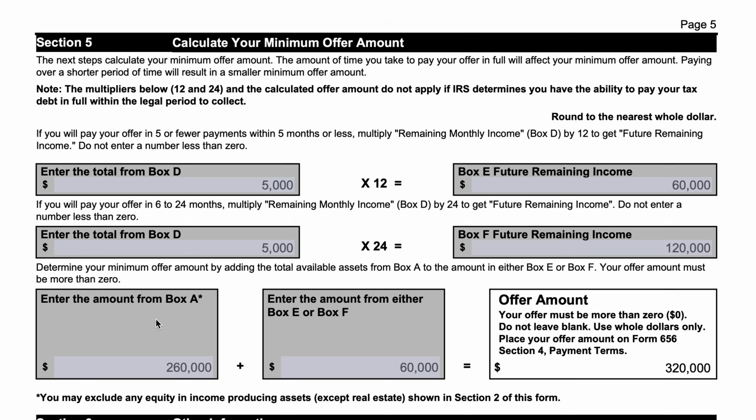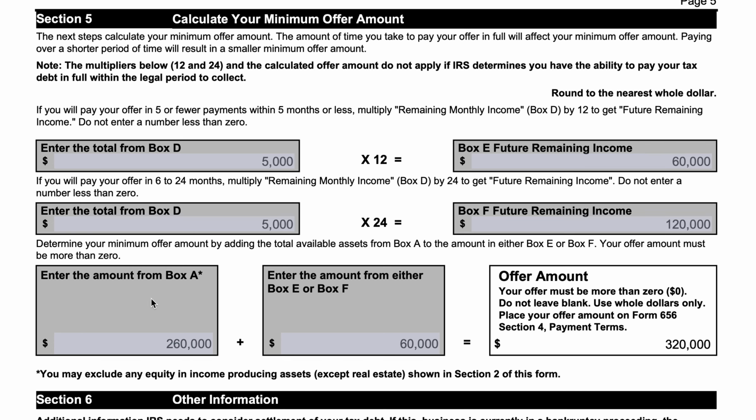So now you can exclude equity in income producing assets except for real estate shown in section 2. So if you did have assets that were producing income, then you would be able to pull that equity out from here.